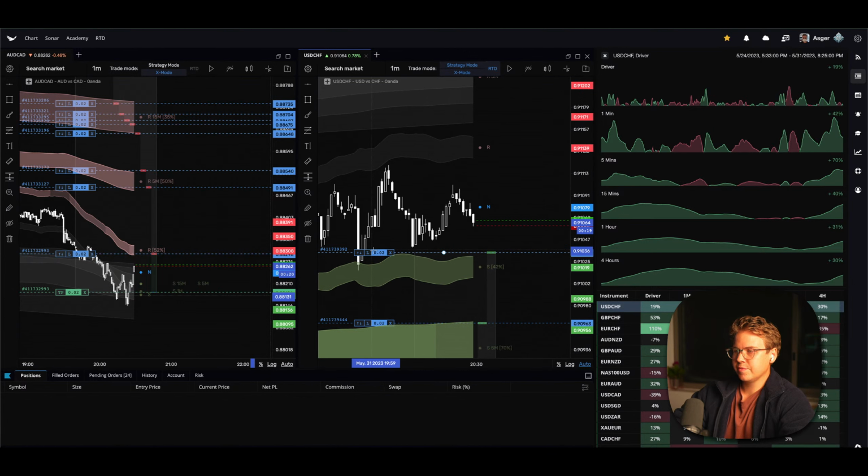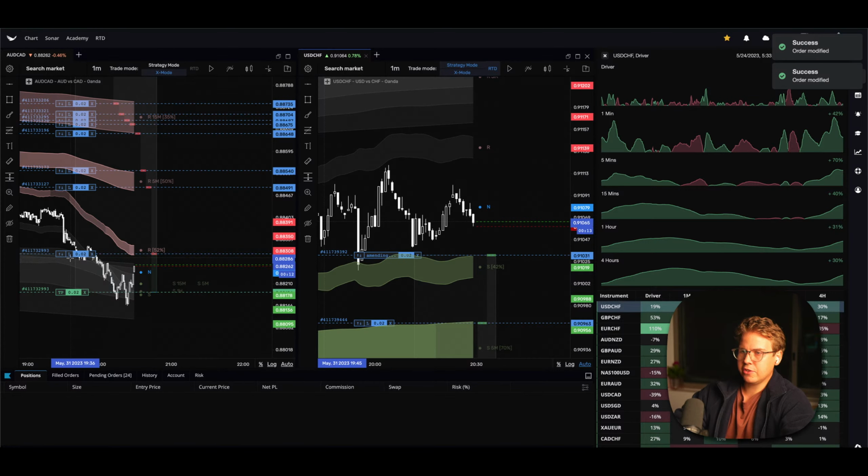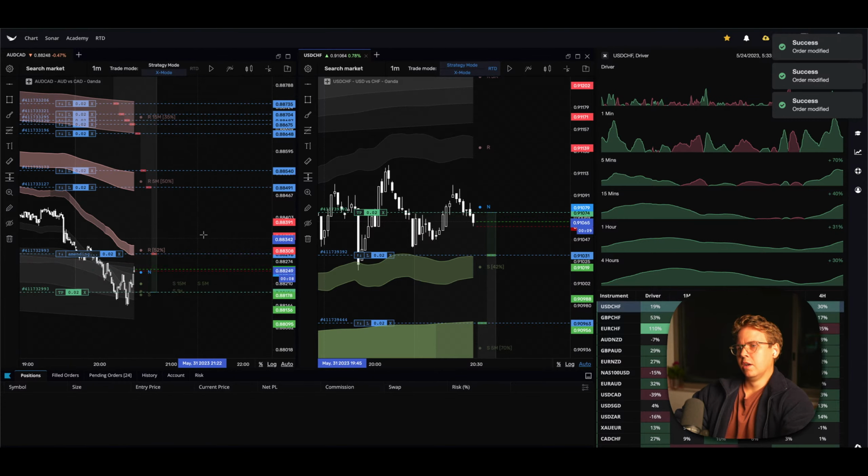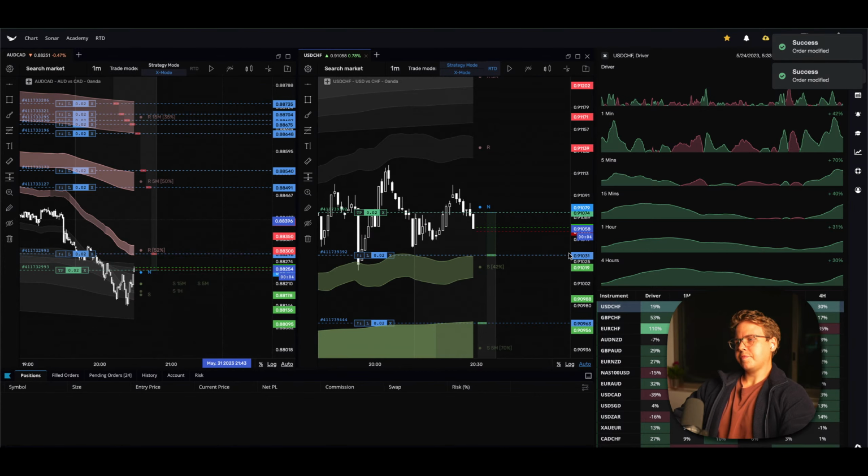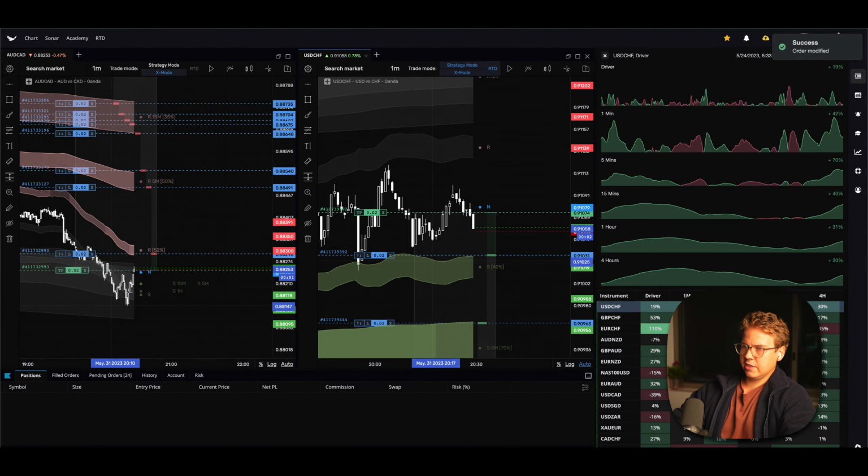It's really good. Okay, now second thing is that you kind of want to have your TPs already set for the 1 minute. You can see that it's coming up here now. Same here. AUD/CAD, GBP/CHF.